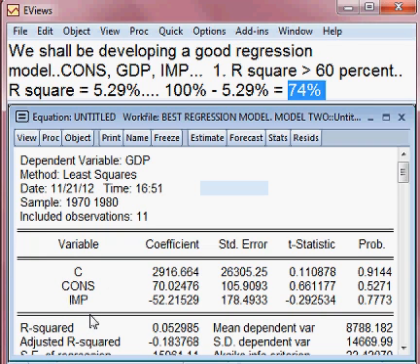That means outside factors that influence GDP are 74%.